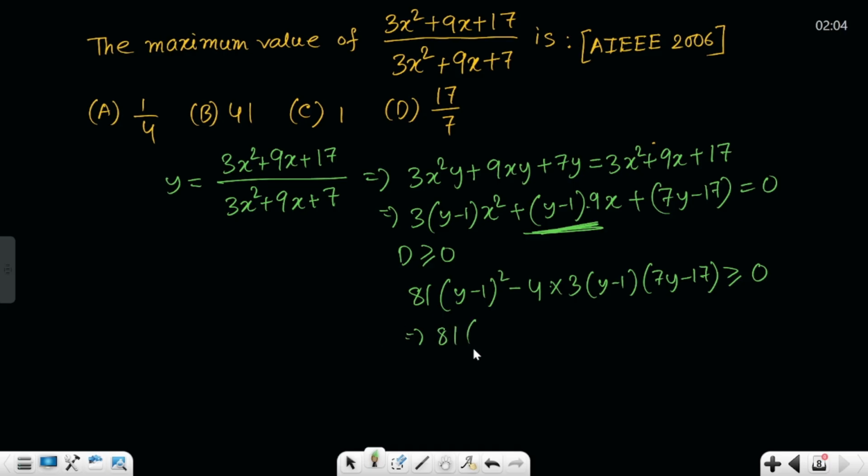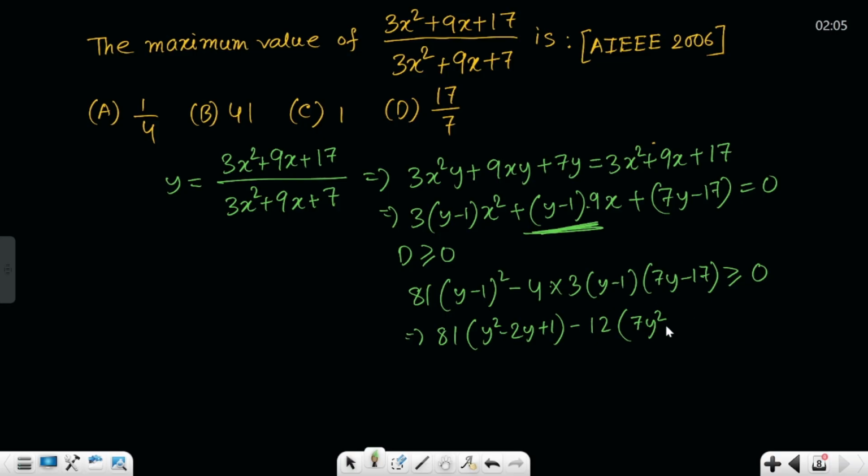So 81 into y square minus 2y plus 1, minus 12 into, here you will get 7y square minus 17y minus 7y, so this is 24y plus 17. This is greater than or equal to 0. This is a very large calculation, but if you do it clearly, you can easily get the answer, so do not be scared.